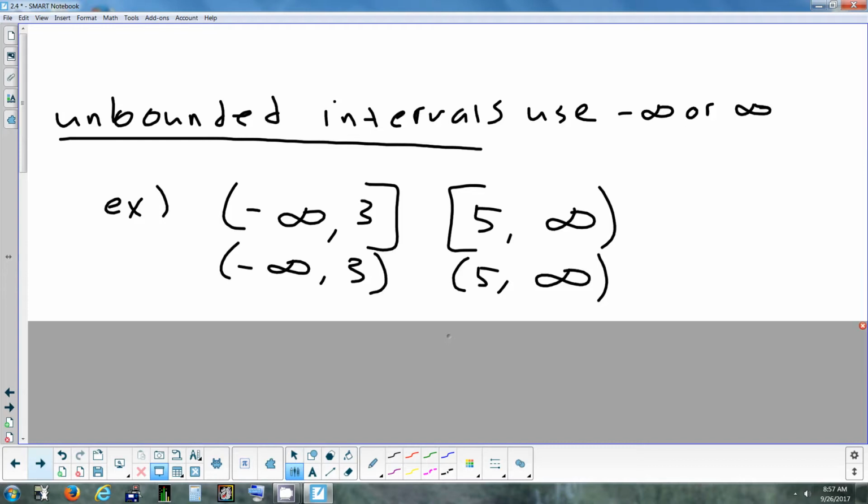The 2 on the left are both unbounded on the left, but one is closed on the right, one is open on the right. In the other example, they're both unbounded on the right, but one is closed on the left, one is open on the left.